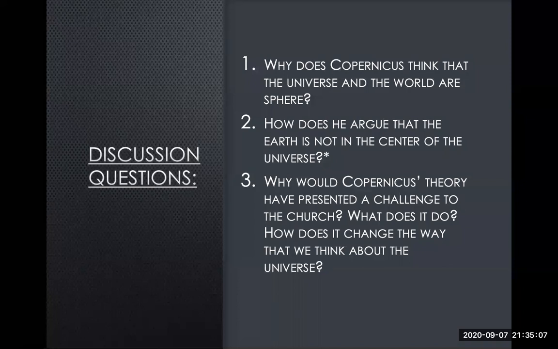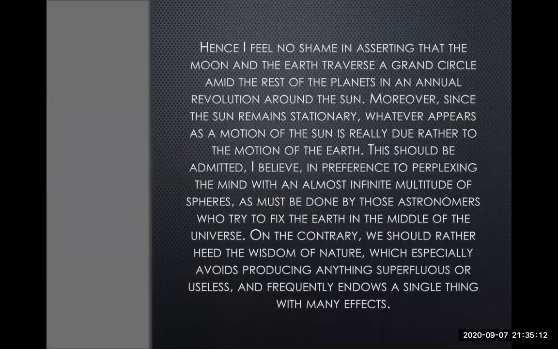Okay, how does Copernicus argue that the Earth is not in the center of the universe? I have a short passage here. Copernicus writes, "Hence, I feel no shame in asserting that the moon and the Earth traverse a grand circle amid the rest of the planets in an annual revolution around the sun. Moreover, since the sun remains stationary, whatever appears as a motion of the sun is really due rather to the motion of the Earth.